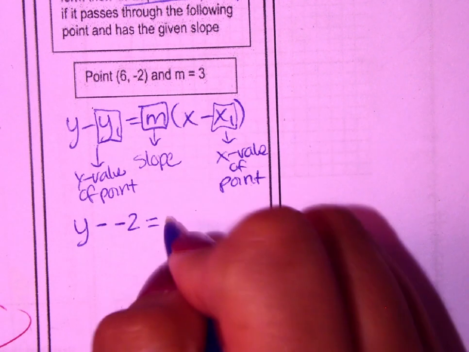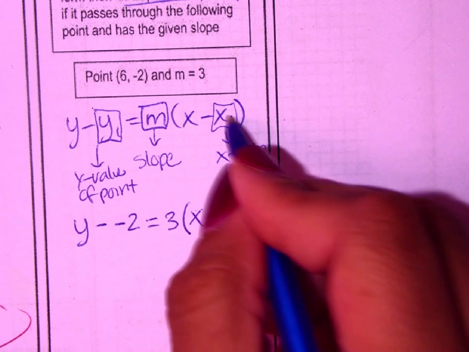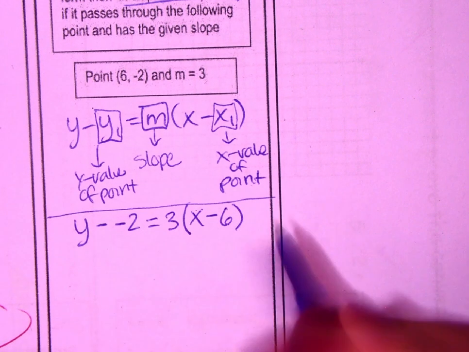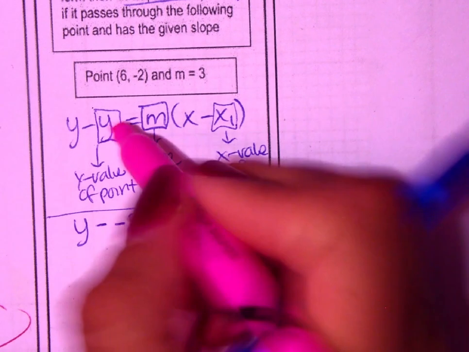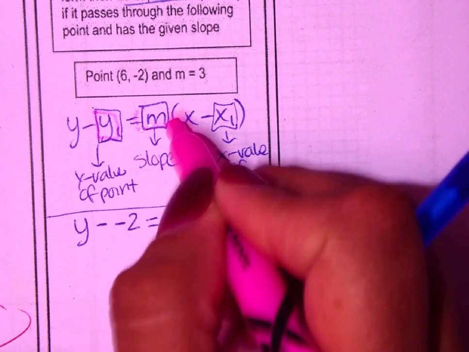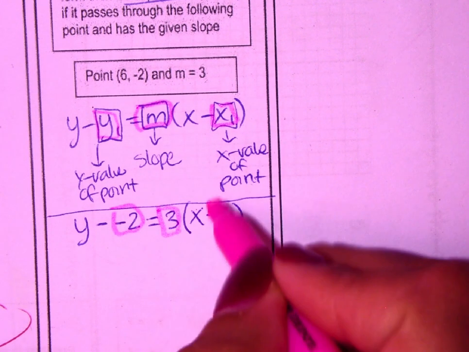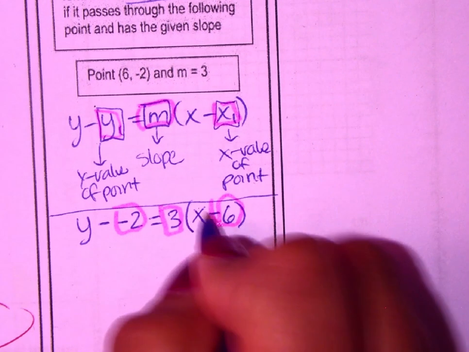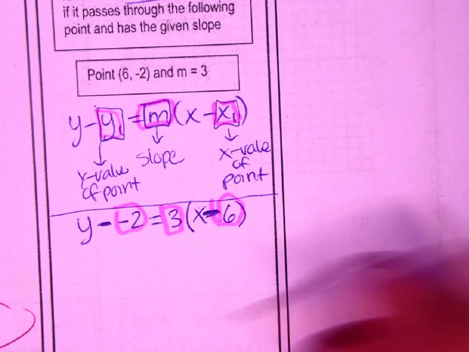The slope is 3, parentheses x minus x1, which is 6. So this is how it will look to substitute each part. We're substituting the y1, the slope, and the x1. So that's where these numbers come from. Oh, sorry, just the 6. So the minuses have to be there because they're part of the equation.